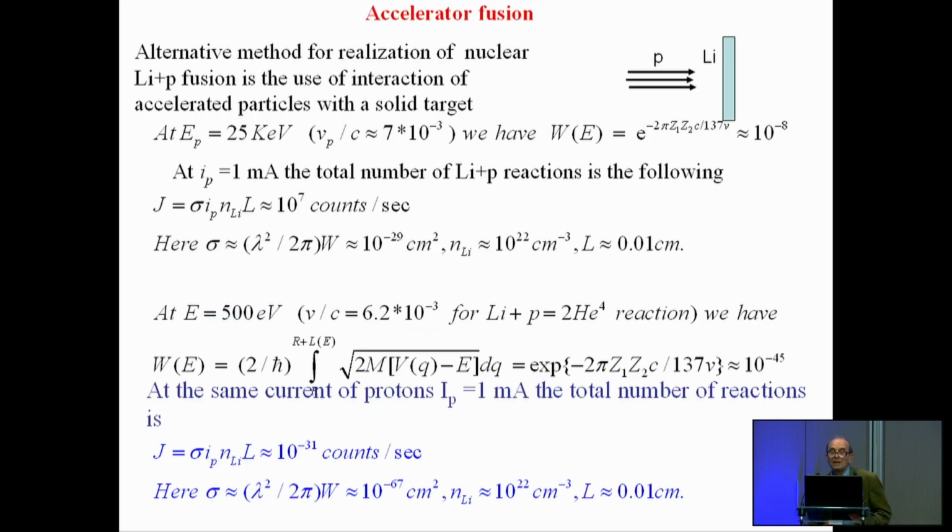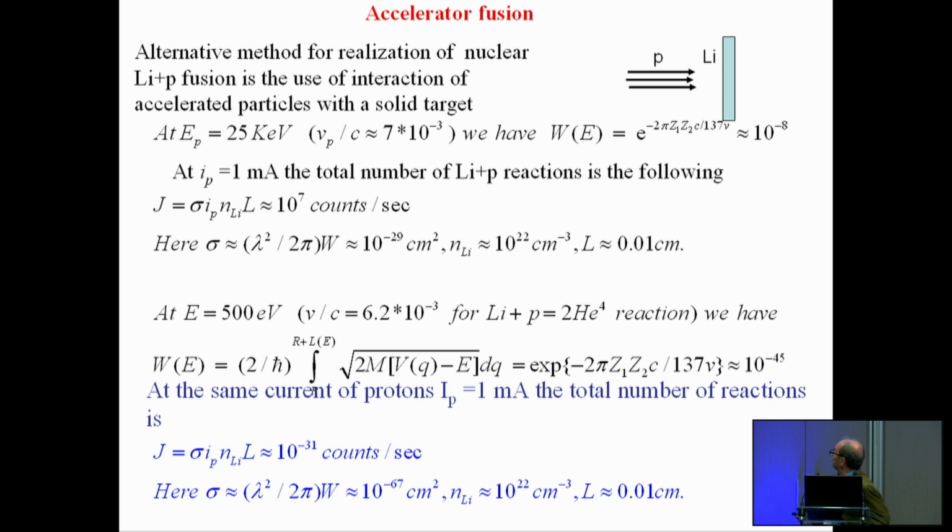Okay, let's consider standard accelerated fusion. In usual accelerated fusion, we have particles accelerated to high energy, for example 25 keV. If we have a current of particles of about 1 milliampere, it is easy to calculate using the standard expression that the intensity of the generated reaction is about 10 to the power of 7 counts per second, using the cross section, very simple values.